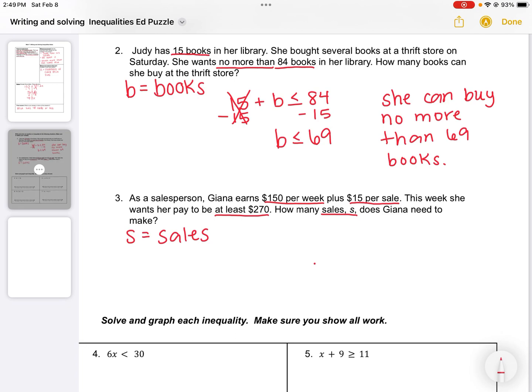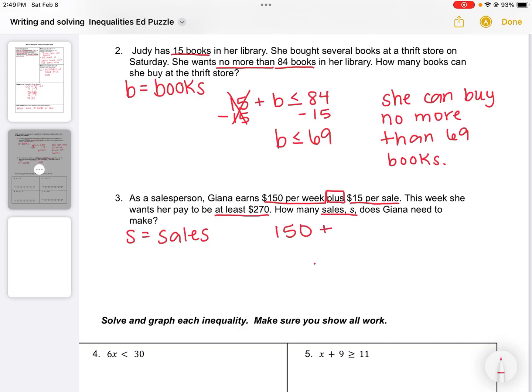The first thing that I want to do is put the $150 she earns per week. The next thing is I'm going to add this amount to her sales because up in the first sentence, it says $150 plus, which I've put into the rectangle. So this tells me my math operation.